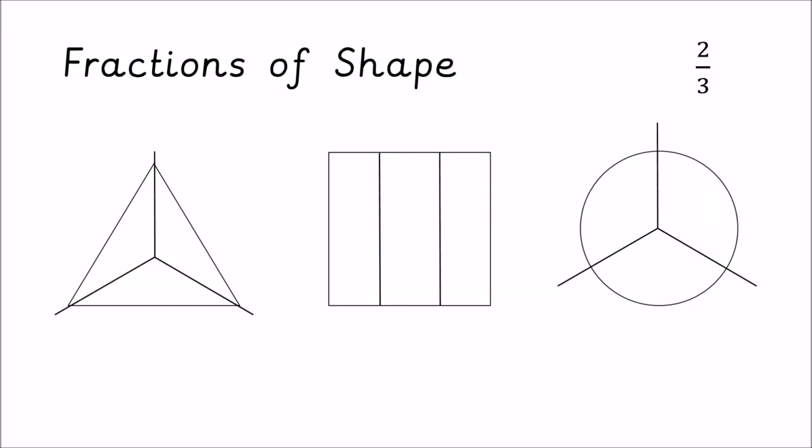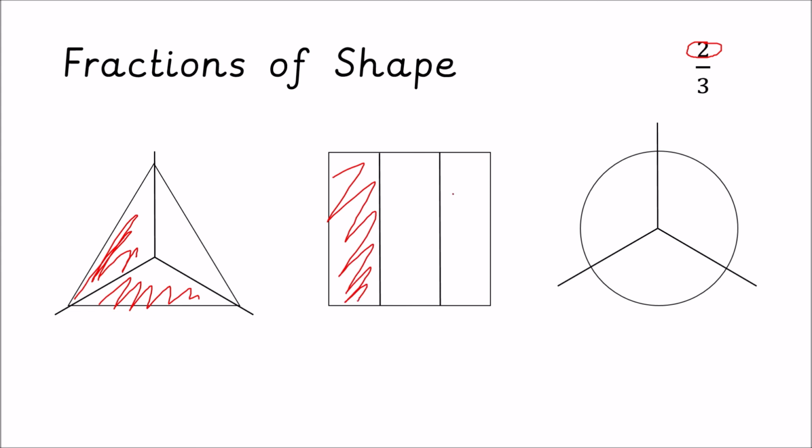So let's look at a different and more typical non-unit fraction. Here we have 2/3. So my numerator again is 2, my denominator is 3. So that means I've divided into 3 equal parts and I need to shade 2 of them. Okay, so I will shade 1 here and 1 here, and that's 2/3 of a triangle.